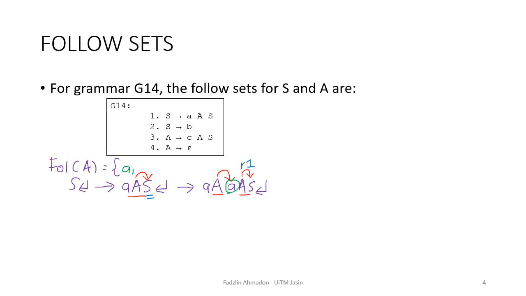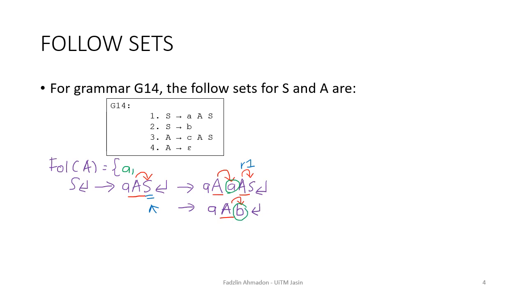But what if I replace this S with rule 2? I'm going to get A b end marker. In this particular derivation, this is our A, and right next to A is a terminal, which is lowercase b.